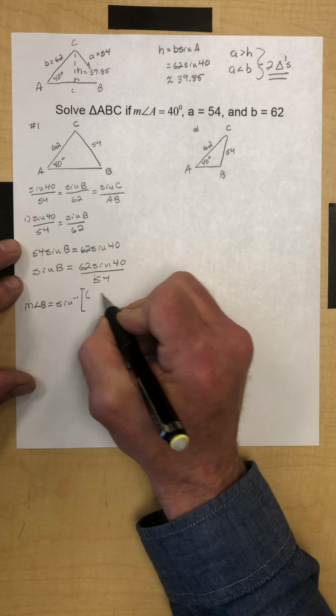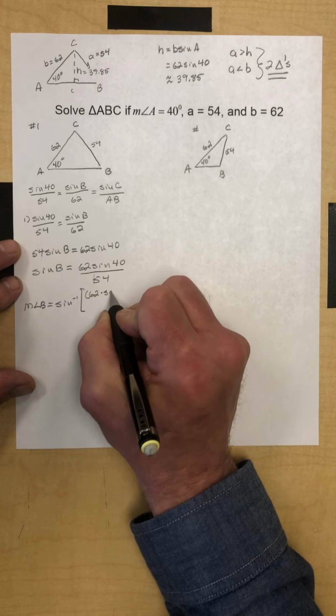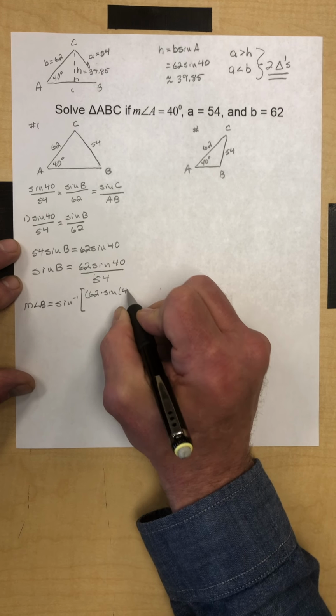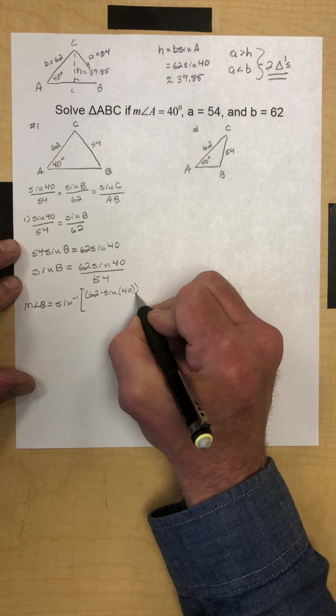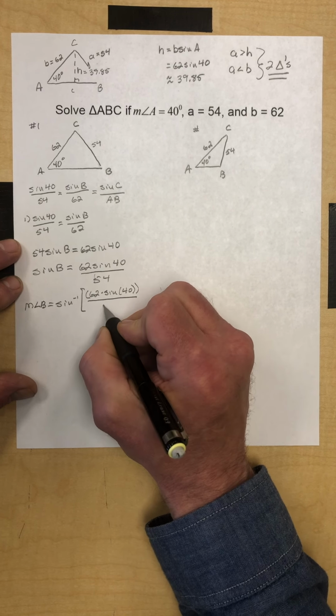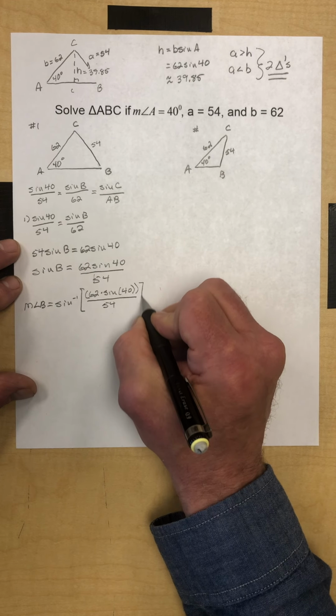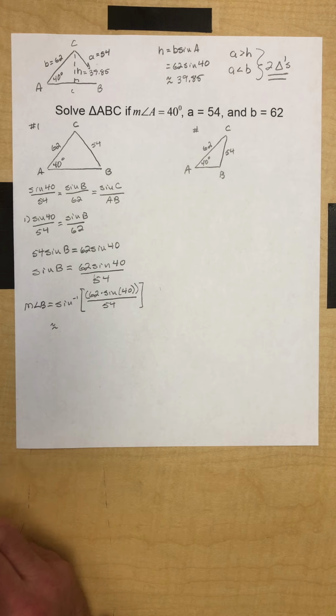I separate the numerator from the denominator, so I'd have 62 times the sine of 40, with a parenthesis for the 40 and a second parenthesis for the numerator, all over 54. And I punch that in. Second, sine inverse.